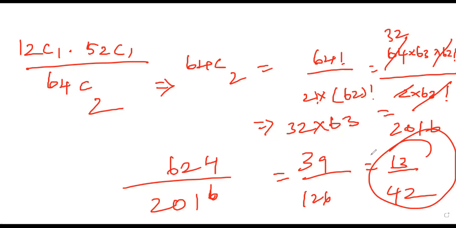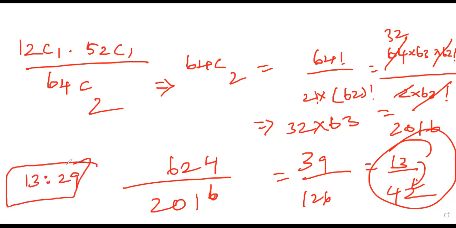Now we are going to find none of these will play against each other, so you subtract. 42 minus 13 will give you 29. So the final answer is 29 over 42.